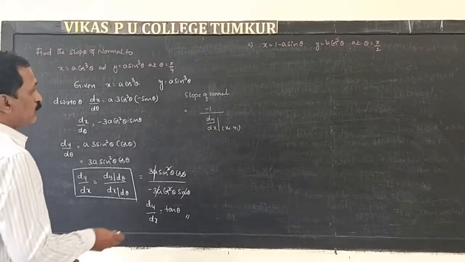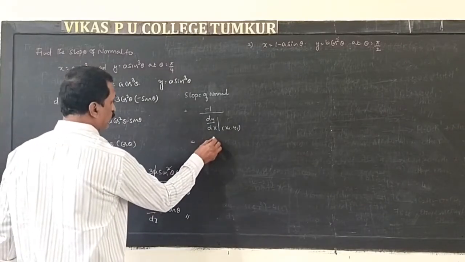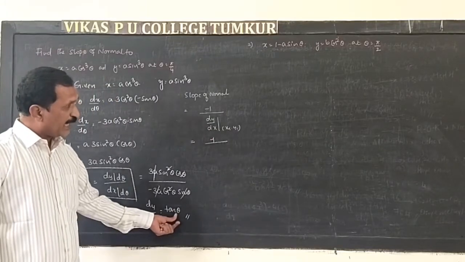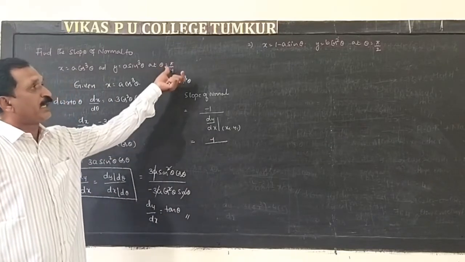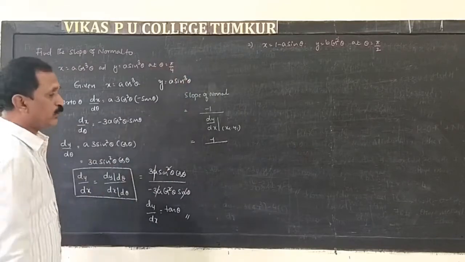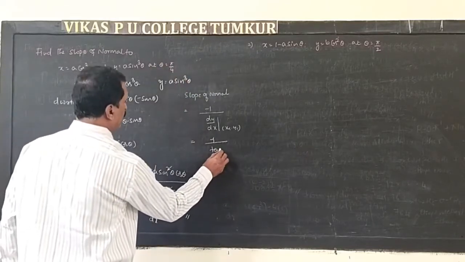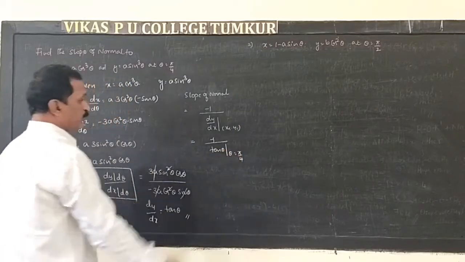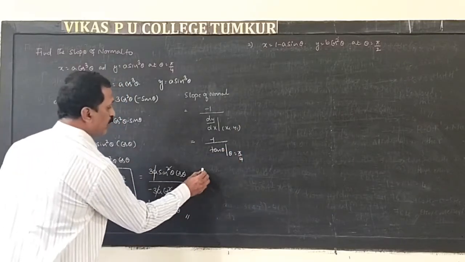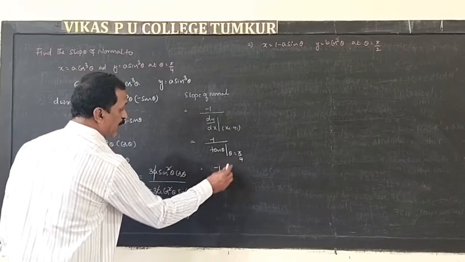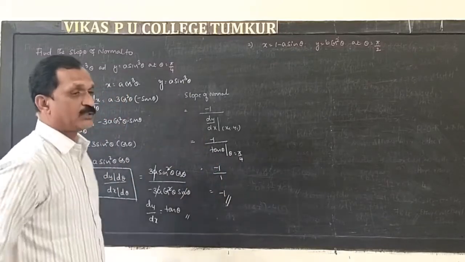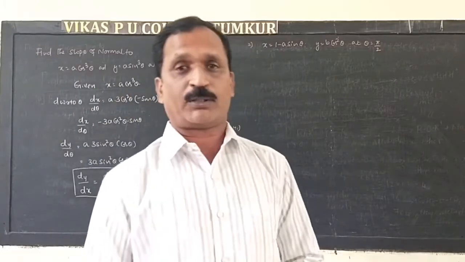So slope of normal is equal to minus 1 divided by dy by dx, which is tan theta at theta is equal to pi by 4. Substitute and get the result. Minus 1 divided by tan pi by 4, which is 1. Minus 1 by 1 is minus 1. This is the slope of normal.